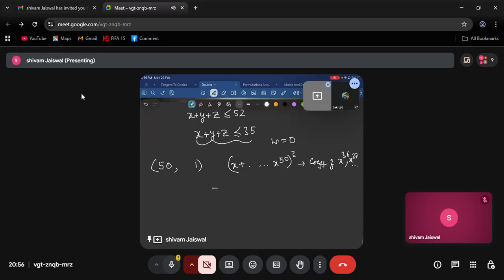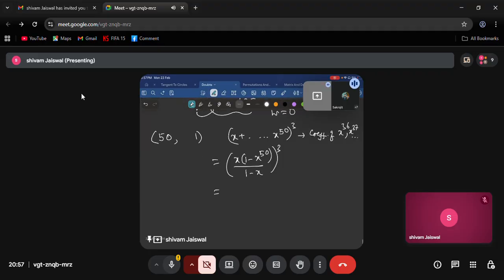Okay. So let's see. x, a GP, 1 minus r. 1 minus x to the power 50, 50 terms, divided by 1 minus x, whole cube.